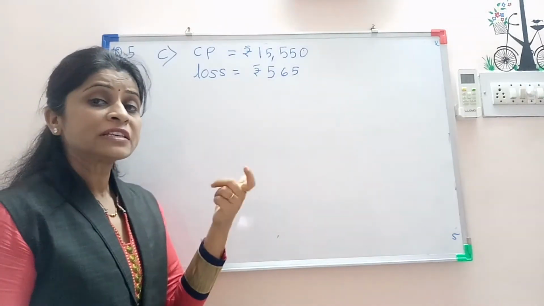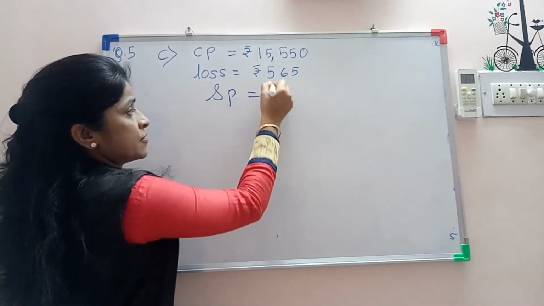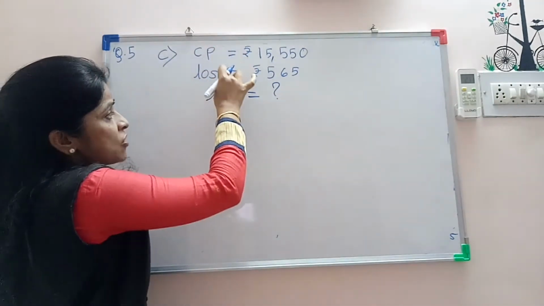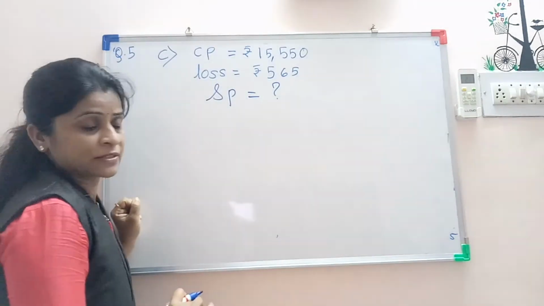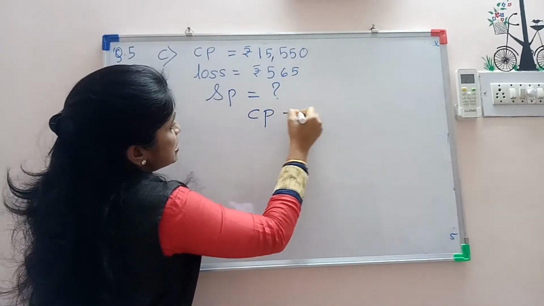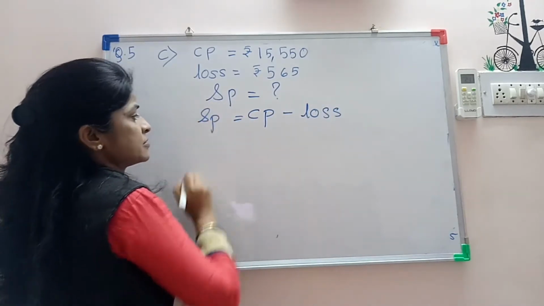Now what is his selling price? Now you have to find out here selling price. Students, when cost price with the loss is given, you have to subtract loss from the cost price. That means cost price minus loss, you will get selling price.